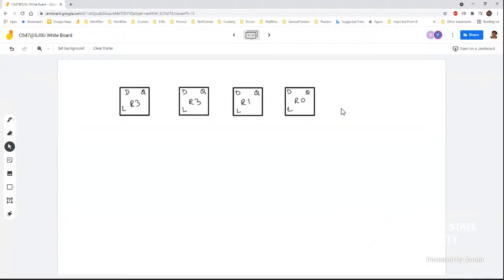Now imagine it has one external data input, 1 bit. Load is common, controlling all of these.